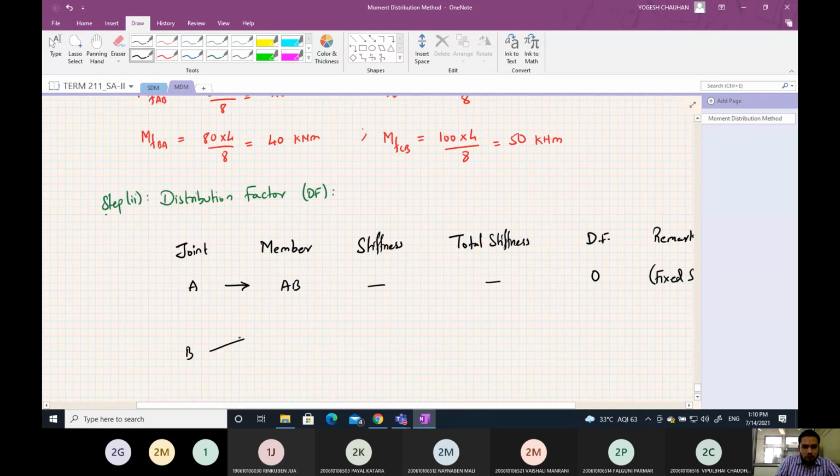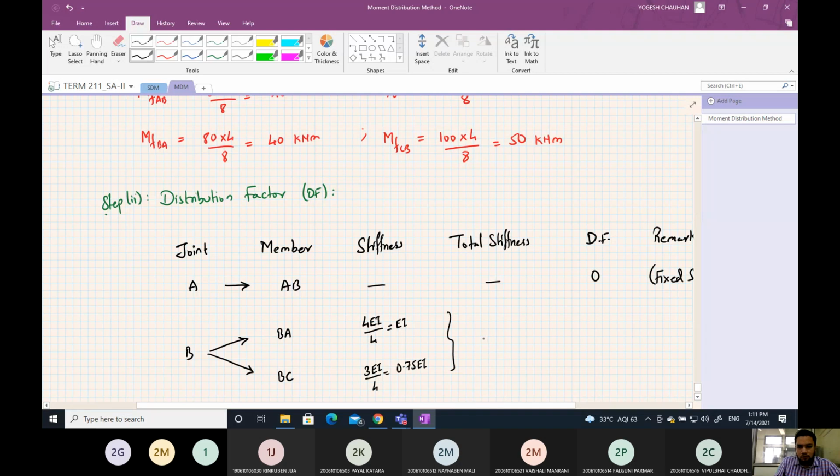Then B is connected to BA and BC. Stiffness here will be 4EI by L, so 4EI by 4, that is EI. And for BC, since C is a hinge joint, it is 3EI by L, that is 0.75 EI.